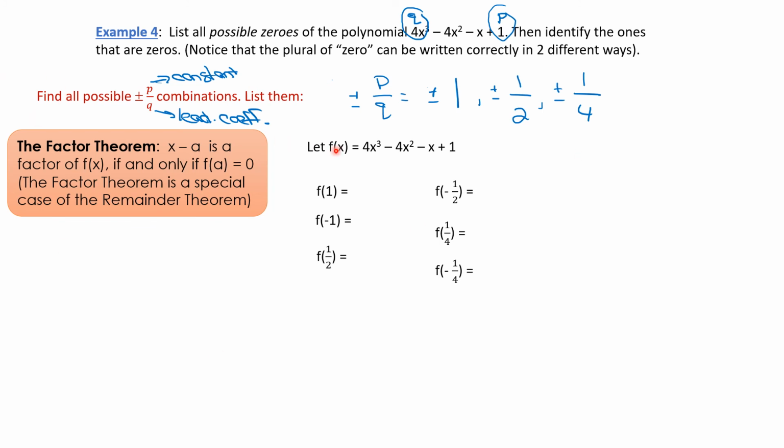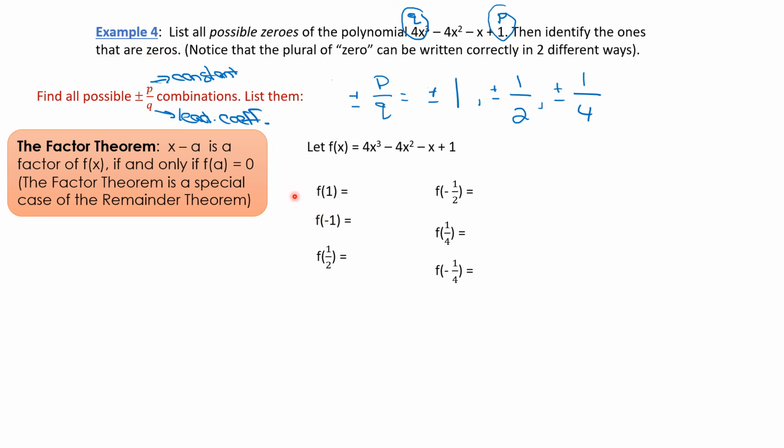Now, normally what is usually easiest to do is to just go until you find 1 that works, then you go to your division and figure out the rest. We don't have a whole lot here, so we can sub them all in just for practice with our factor theorem. It didn't tell us in the question that we had to use the factor theorem to find them. It just says identify the ones that are zeros. So I could have gone and done my division.